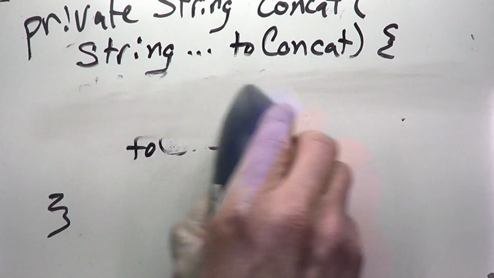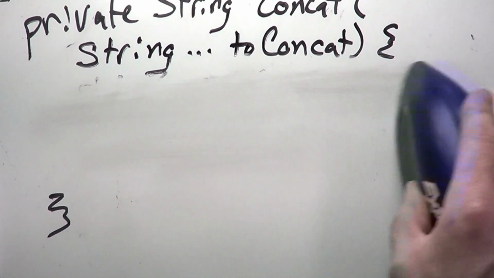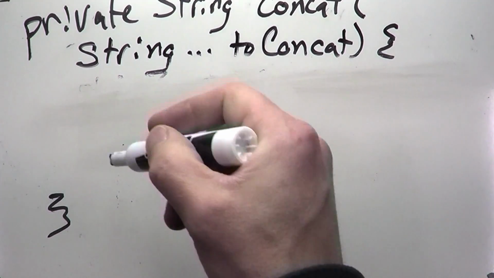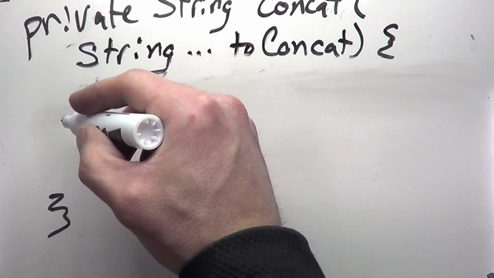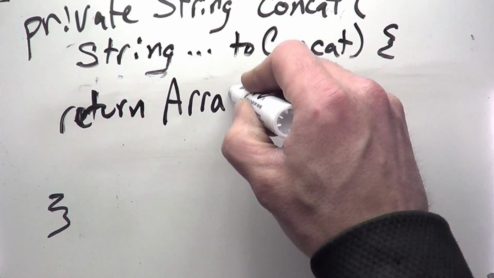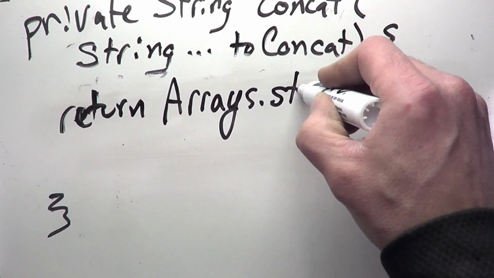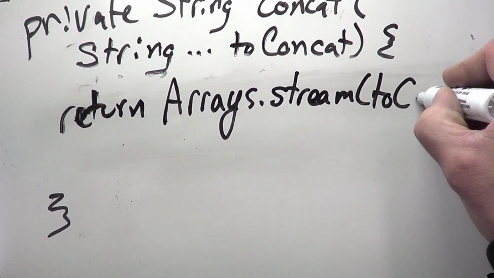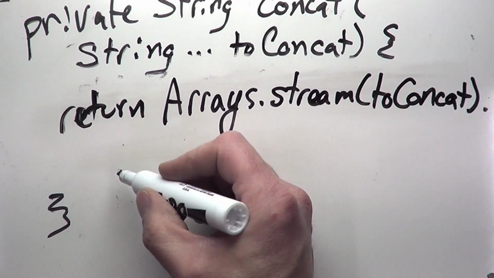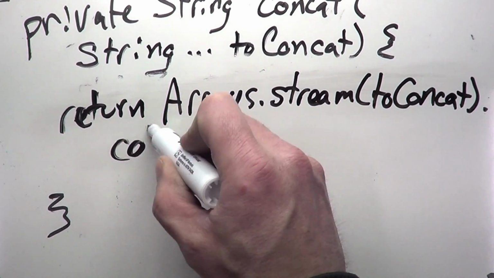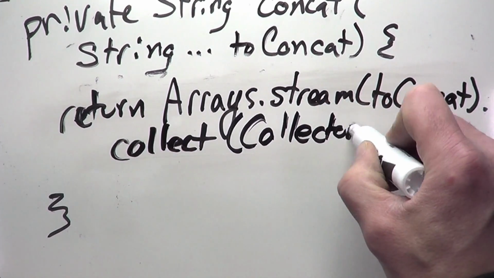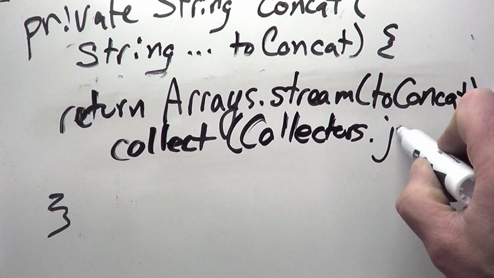Another interesting approach that you can take is to use streams. So you can do just return arrays dot stream. We're going to stream what we're getting passed in, concat, and then we can just collect, and then collectors has a joining operator on it.